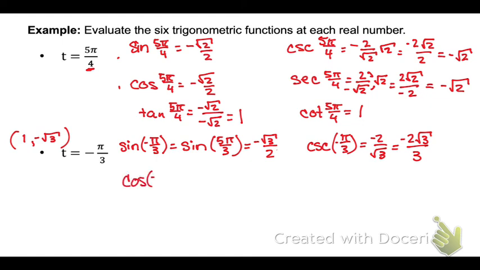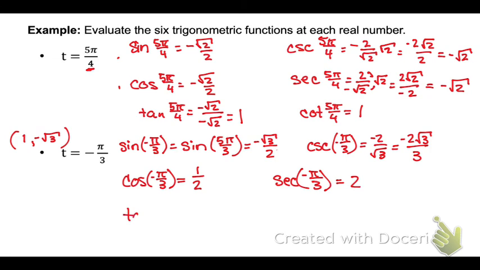Cosine of negative pi over 3. What's your x? 1, so 1 over 2. Secant would be 2. Oops, yes, it would be 2. I'm trying to hurry to get through this example.